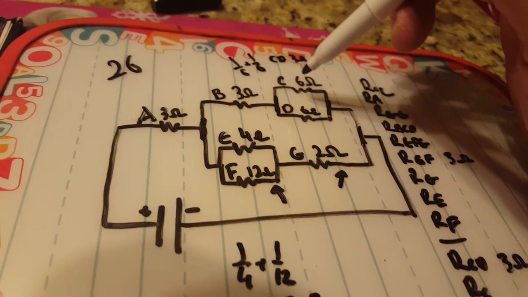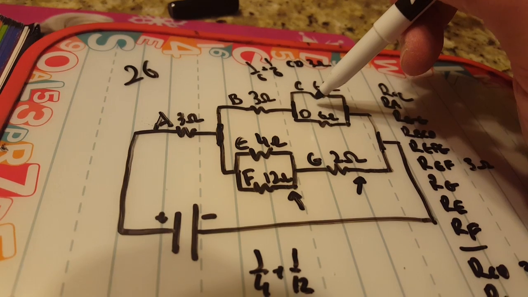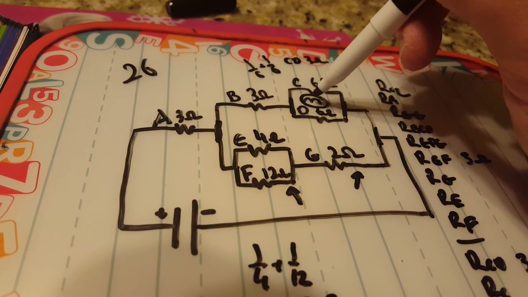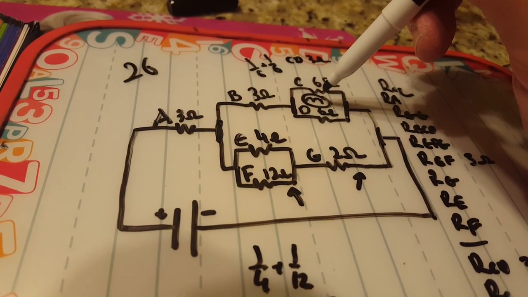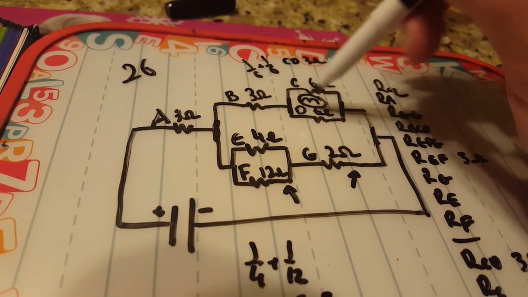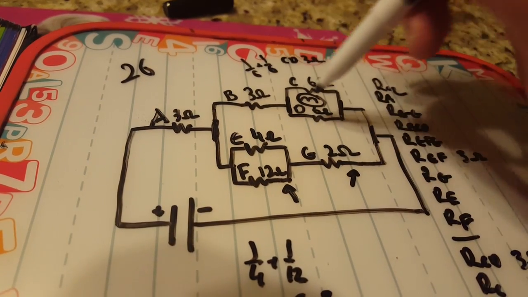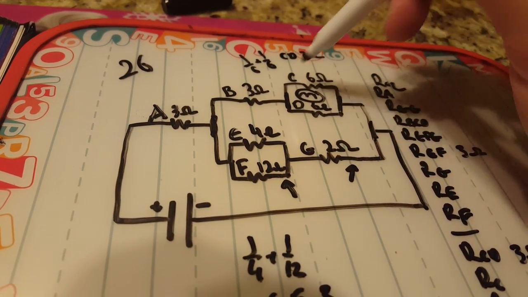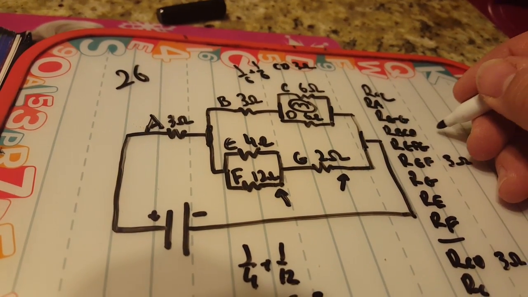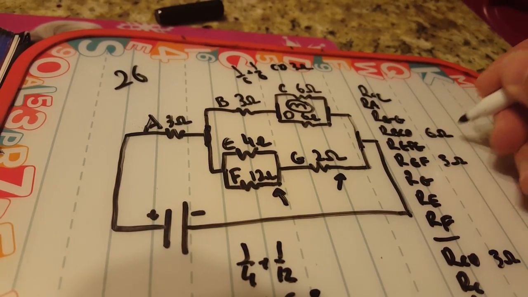So up here again, this right here we just solved to be 3 ohms. Sorry, it's not an M, it's a circled 3 that's sideways. So 3 ohms is in series with 3 ohms. B is 3, CD together is 3, therefore it's a series. BCD is 6 ohms.